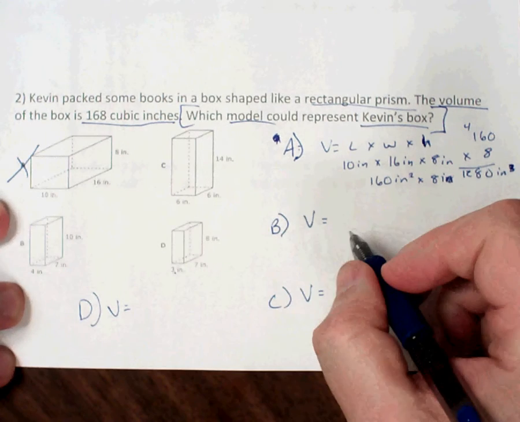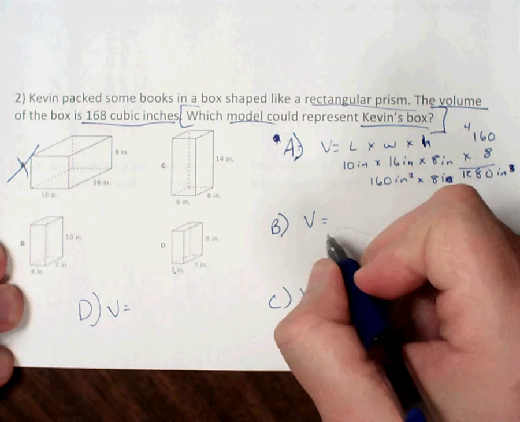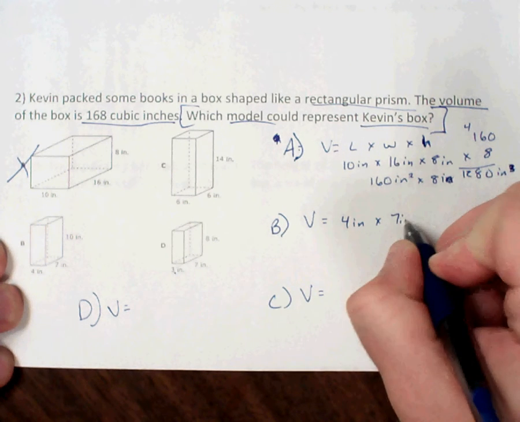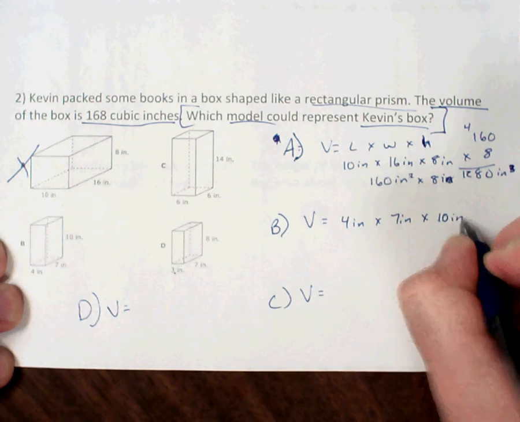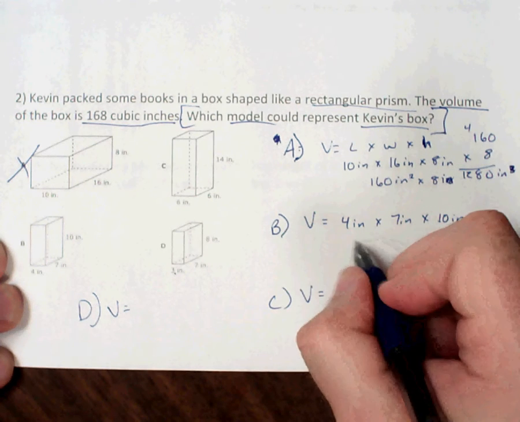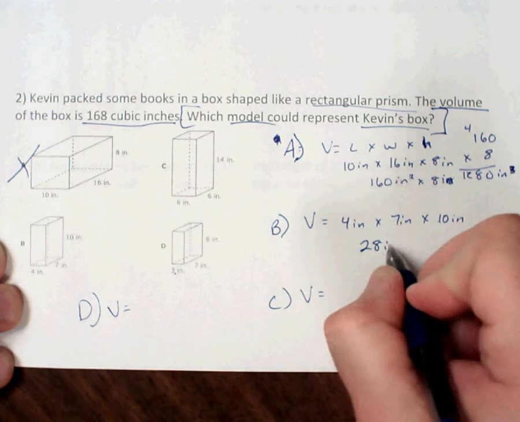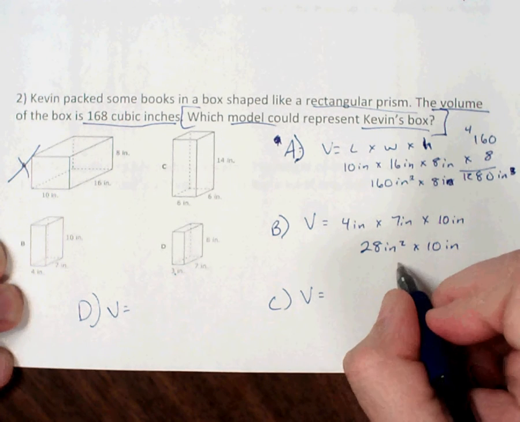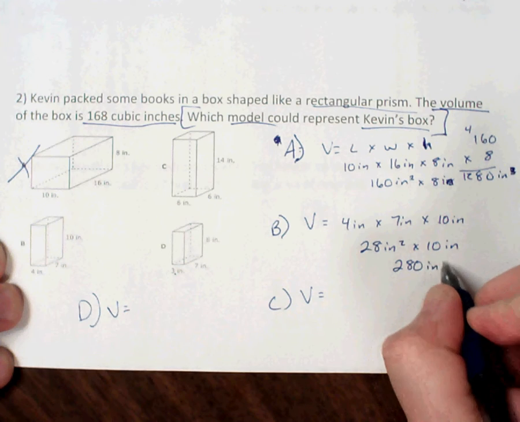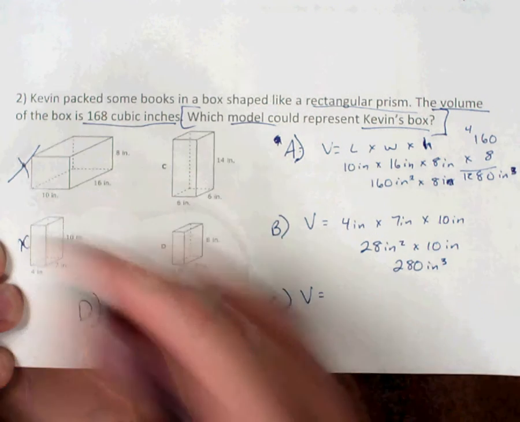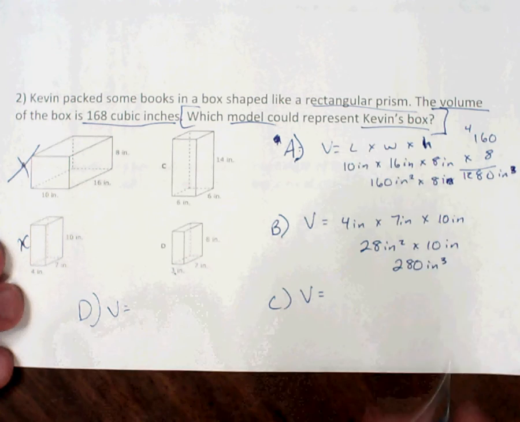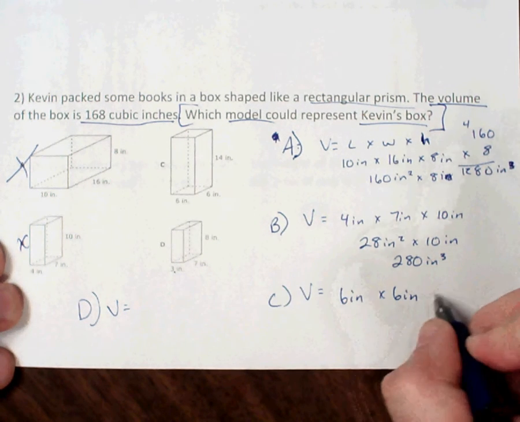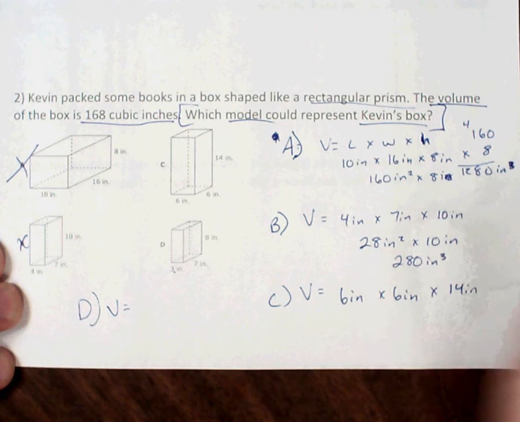Let's look at B. The length is 4 inches times 7 inches times 10 inches. Base is going to be 4 times 7, which is 28 square inches times 10. 28 times 10 is 280 cubic inches, so that's not going to work. All right, C, we've got 6 inches times 6 inches times 14 inches.